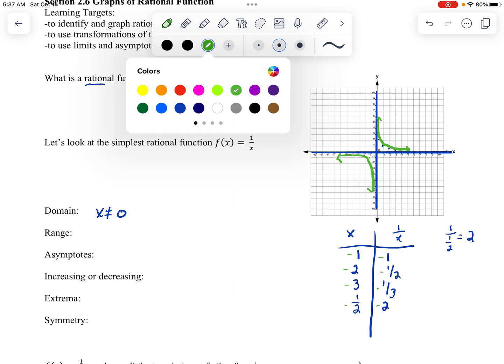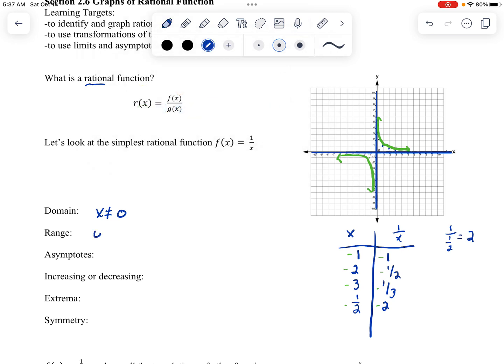So my domain again was x cannot be 0. My range is y cannot be 0, because there's no value I can divide 1 by to get 0. My asymptotes are at x equals 0 and y equals 0. My function is always decreasing as we go from left to right.